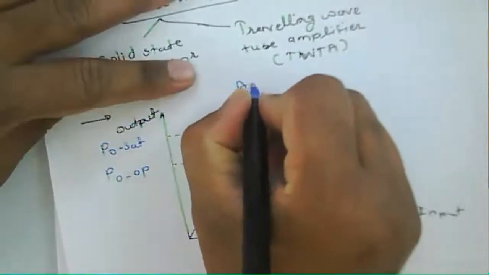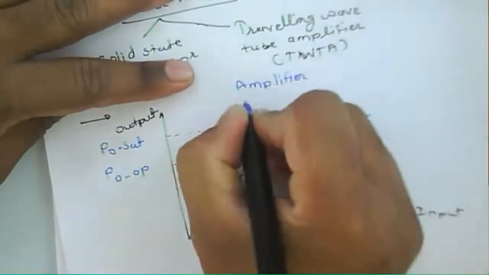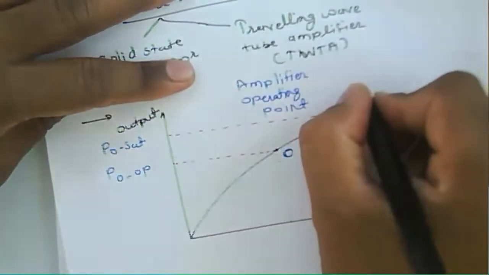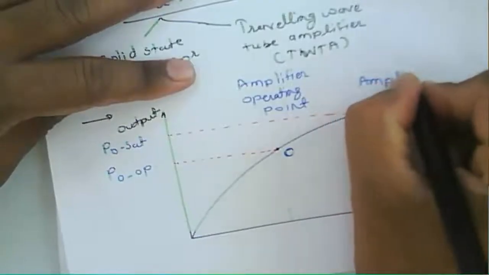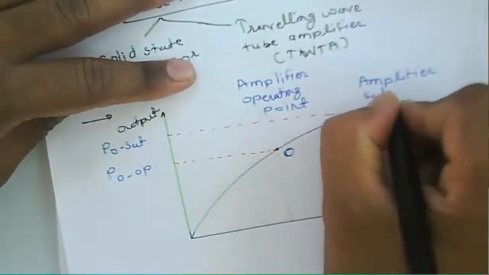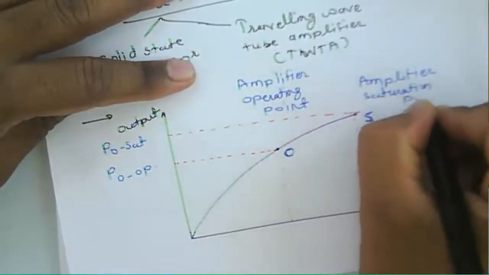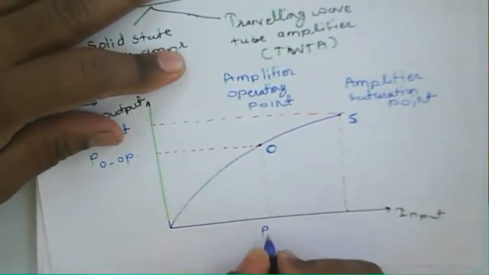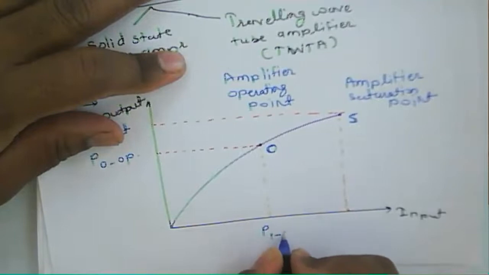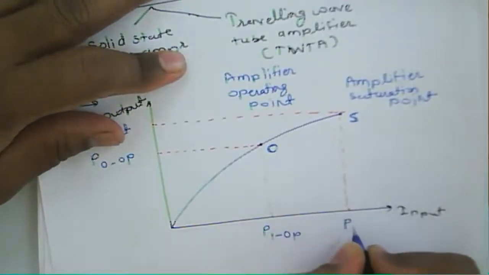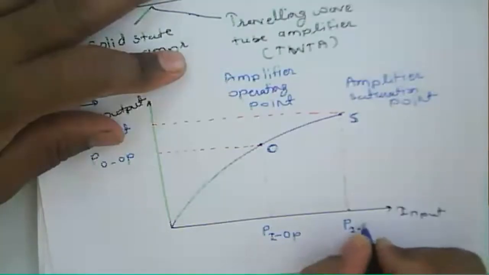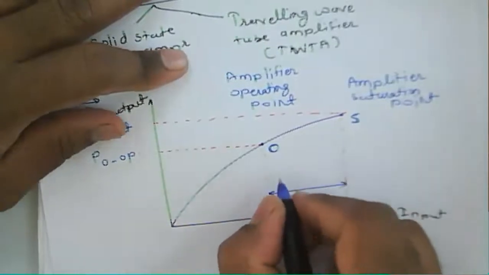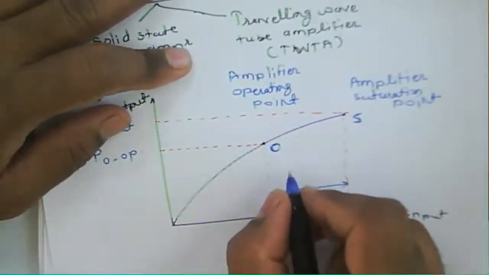So we have the amplifier operating point and the amplifier saturation point, and then the input operating point and the input saturation point. The difference between these is the back off.